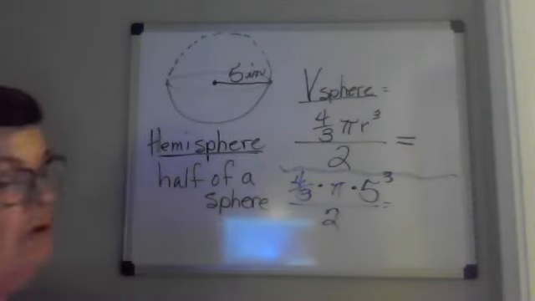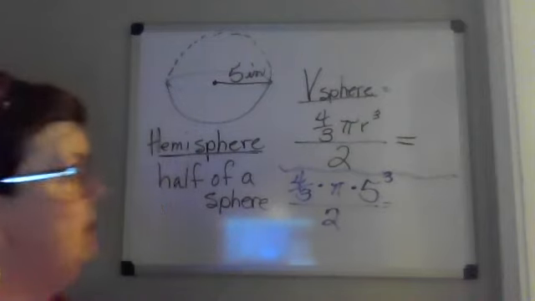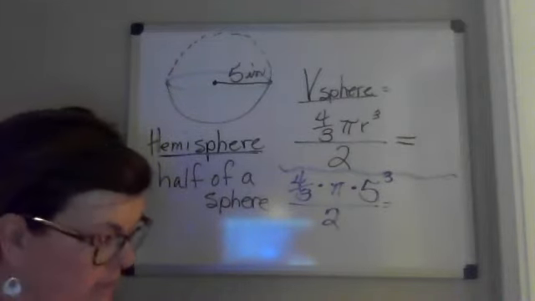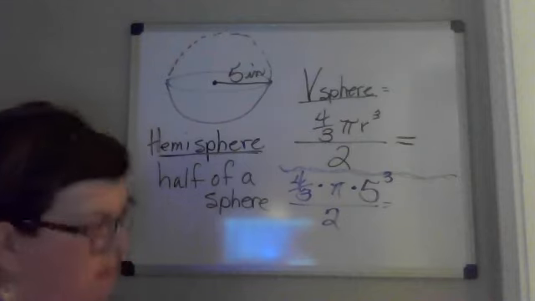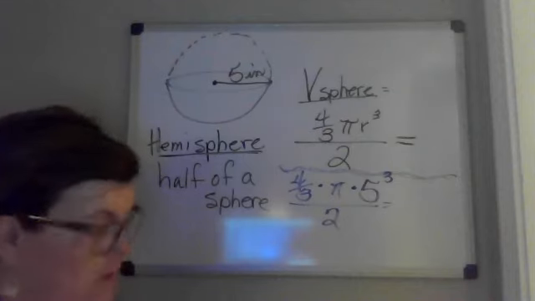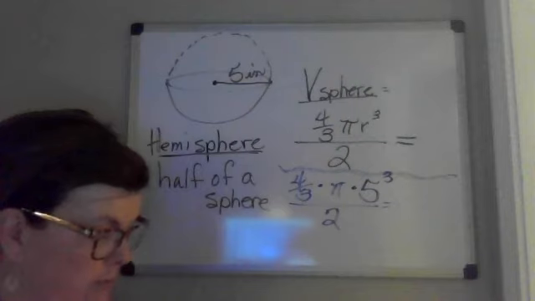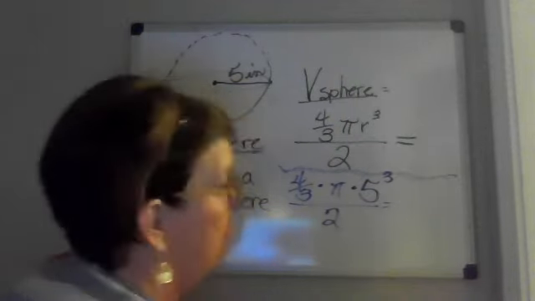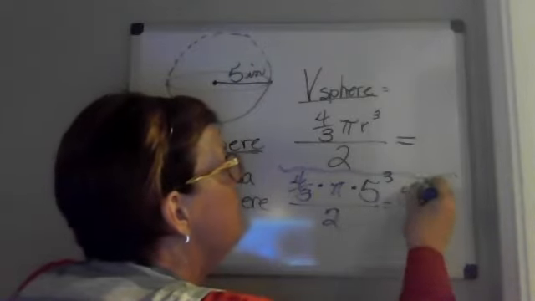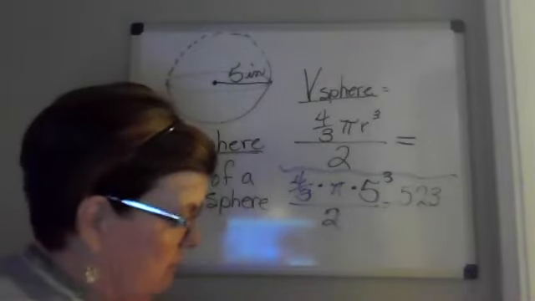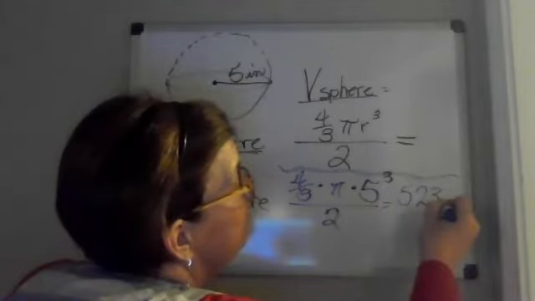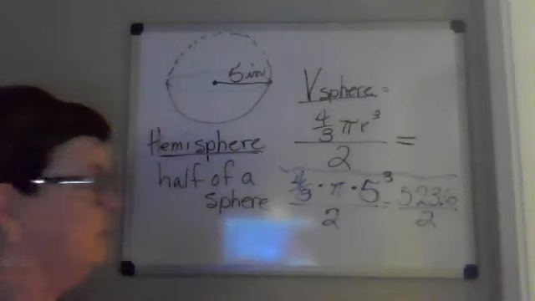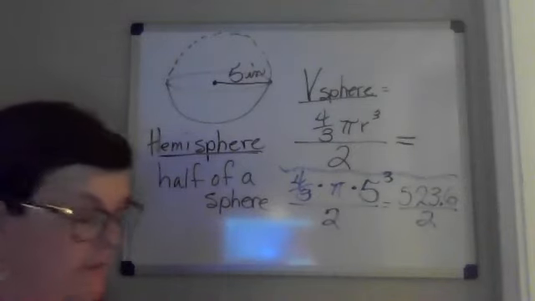So to find the number on top, again, you're going to use your calculator. 5 to the 3rd power is 125 times pi times 4/3, which gives you on top 523.6 over 2. Over 2 means to divide by 2.